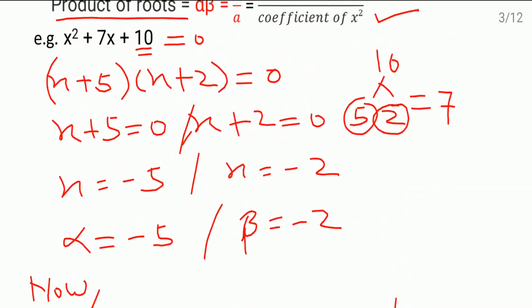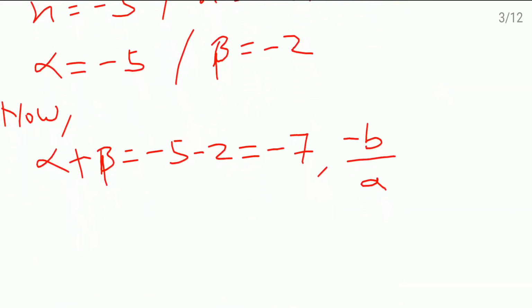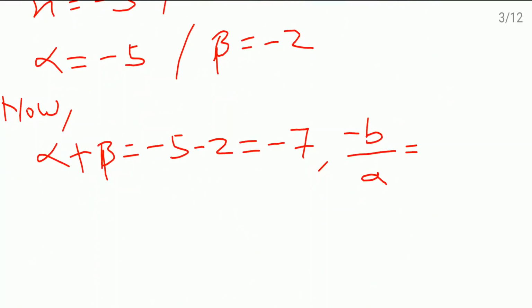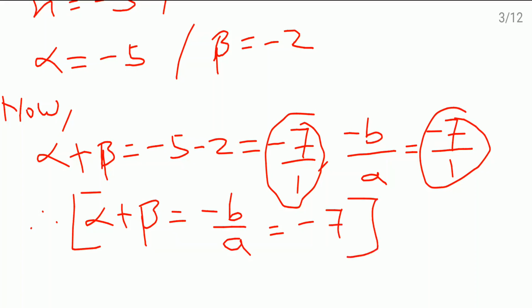The value of b is 7, with the minus sign already, and the value of a is 1. b means the coefficient of x and a means the coefficient of x square. So here we can write minus 7 by 1. So this value and this value are the same. Therefore alpha plus beta is equal to minus b by a, which is equal to minus 7. So these values are coming the same.